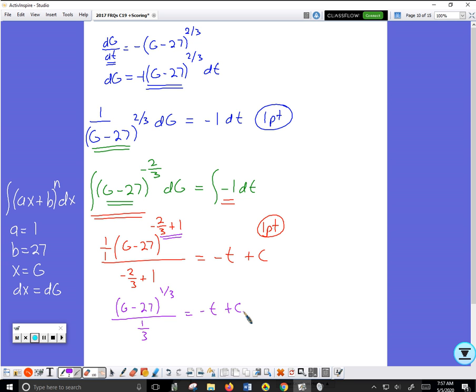Dividing by a third is the same as multiplying by 3. So now what we have is 3 multiplied by g subtract 27 to the 1/3 power, is all equal to negative t plus c. They told us at the beginning that G at time 0 had a temperature of 91.